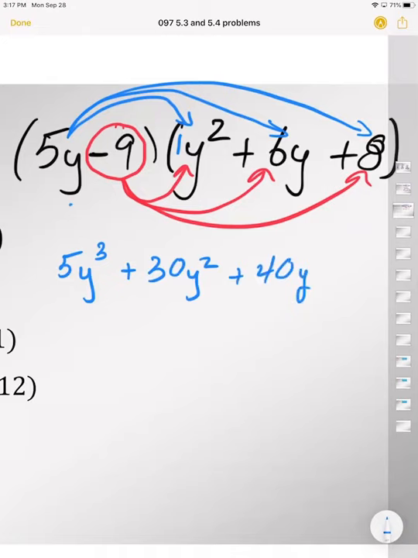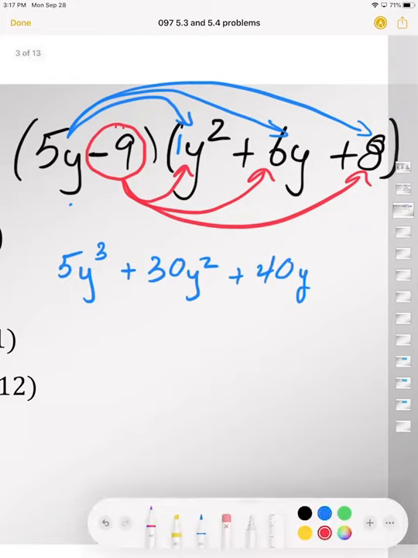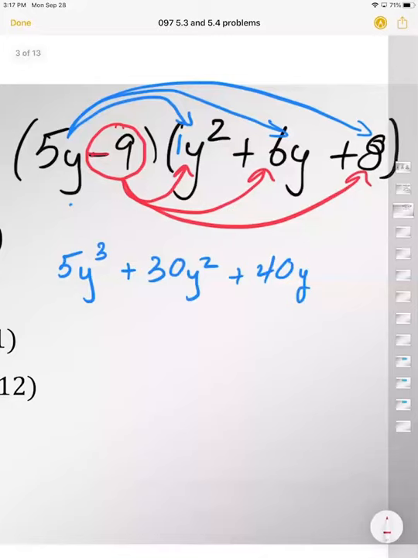And similarly, for my second item, make sure that because the sign in front of the number belongs to the number itself, we take negative 9 times 1 to give me negative 9, bring down my y squared, negative 9 times a positive 6 to give me a negative 54, bring down my y, and a negative times a positive to give me a negative 72.